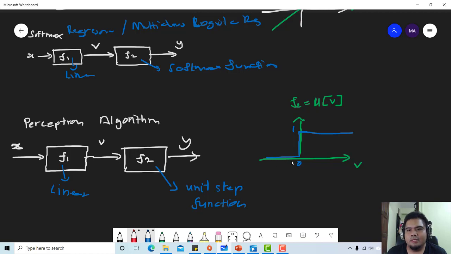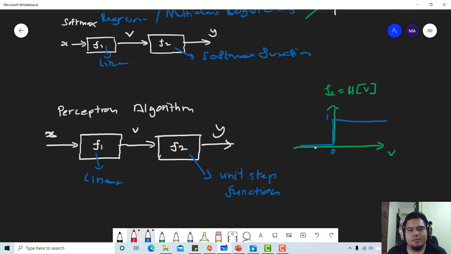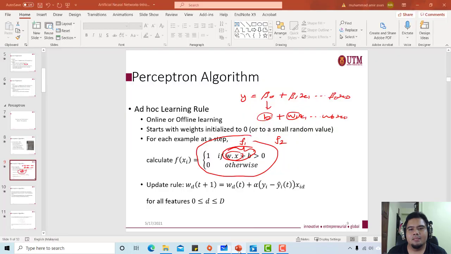If the input is positive, the output becomes 1. So if you set your f2 as the unit step function, and you use f1 as a linear function, you are actually developing a perceptron algorithm, which is the same as this one. So that is the perceptron algorithm.